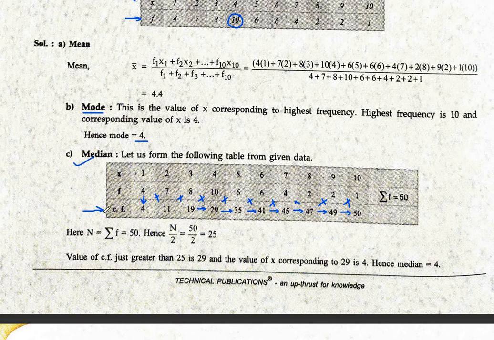So for the median, we have to calculate the cumulative frequency. We require the summation of f, which is also called n. Now we take half of this n, which comes out to be 25, and then we check the value of the cumulative frequency that is greater than this 25.